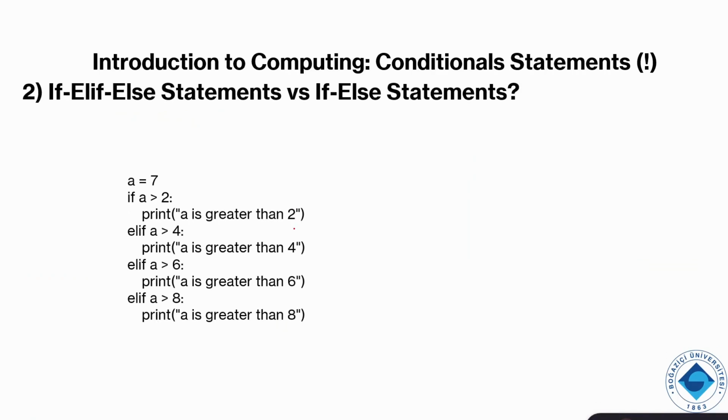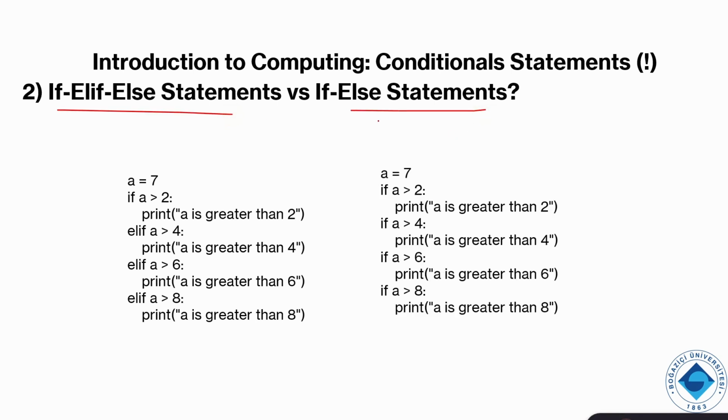If elif else statements versus if else statements. So what is the difference between these two? Why don't I use if and else every time instead of if and elif? So what is the advantage or disadvantage of elif? We can understand again by giving an example here. If I say a equals 7, it will check first here, right? 7 greater than 2.